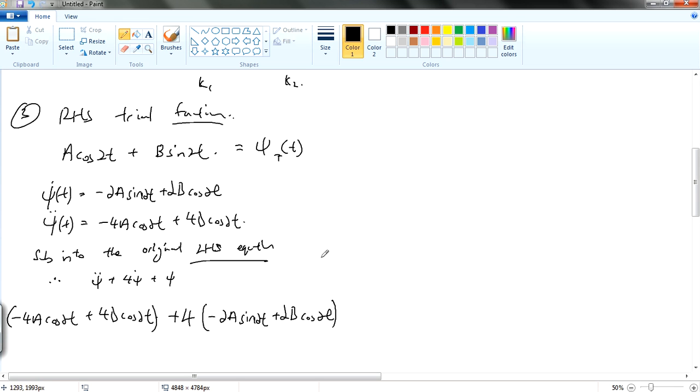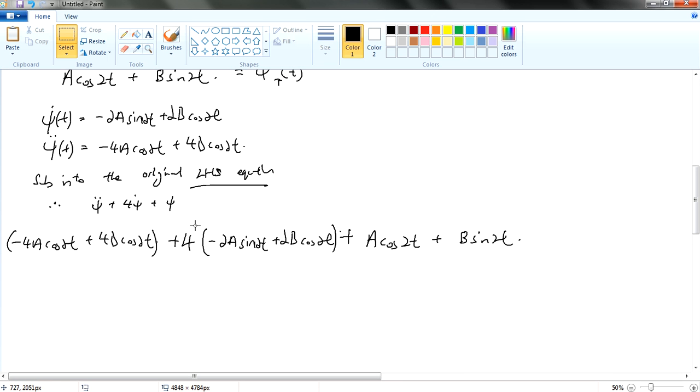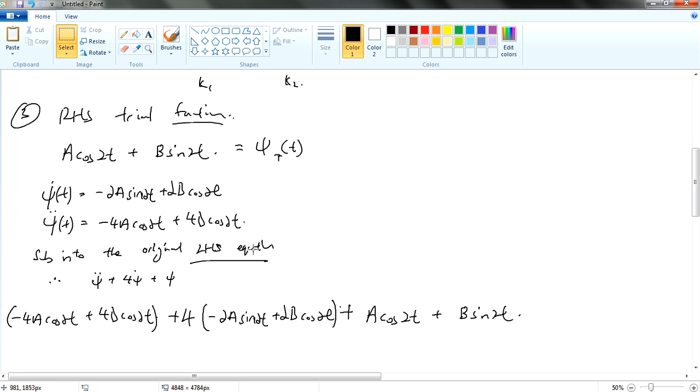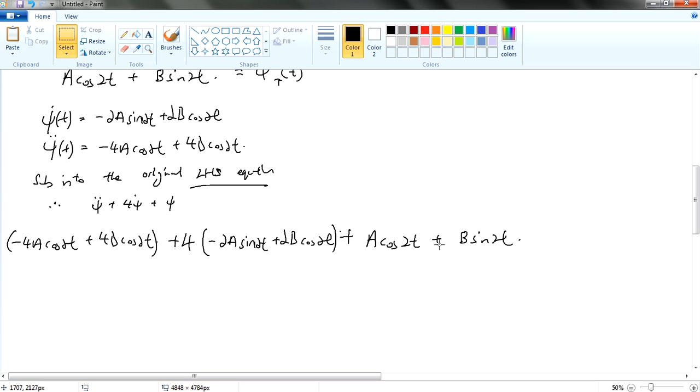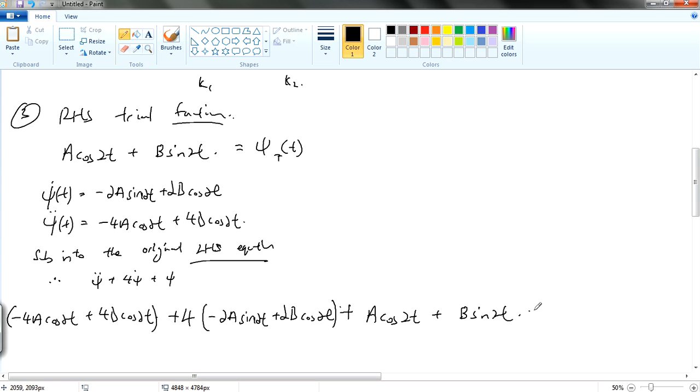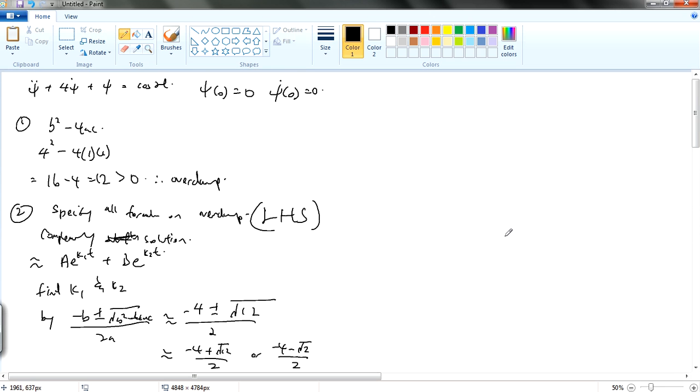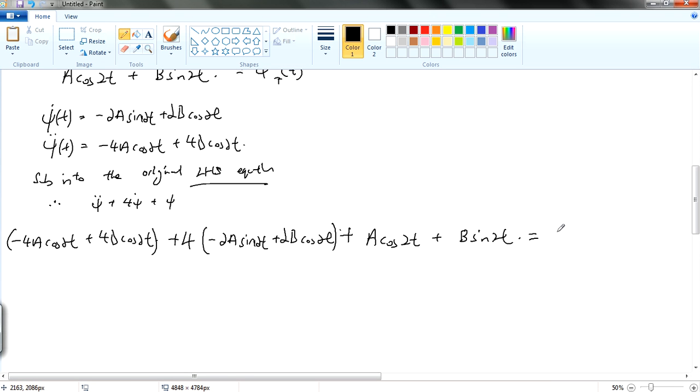And then plus this portion. Okay, and then you solve everything. Eventually you will get some values, and this should be equal to cosine 2t. Okay, this has to be equal to cosine 2t.